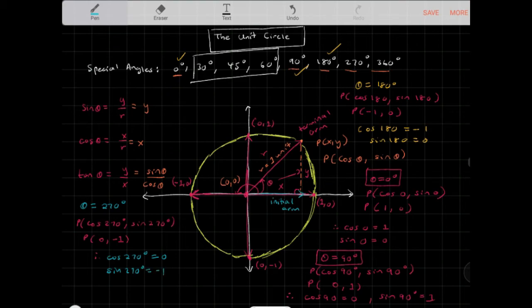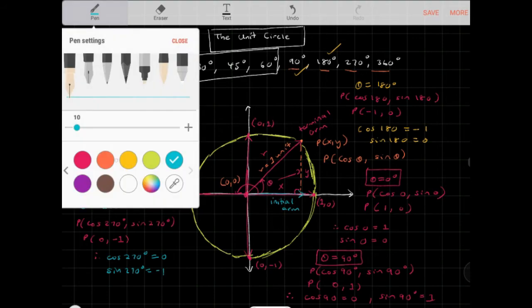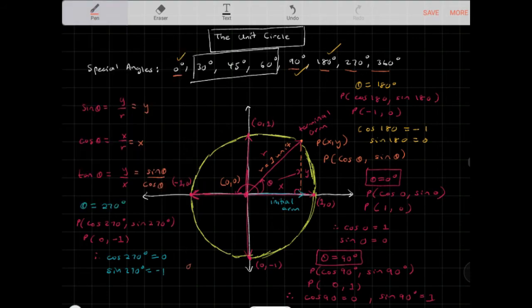And for the last case, when theta is equal to 360, you can notice that if we do the rotation from the initial arm, we just get back to 0 degrees. So it's the exact same values as 0 degrees. If theta was equal to 360, then you'd have the point cosine 360, sine 360, which is equivalent to 1 and 0.